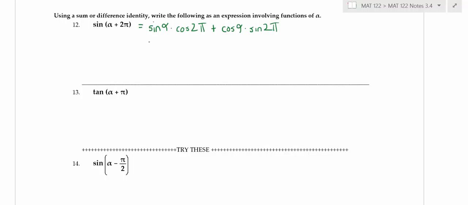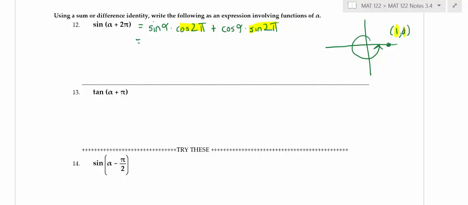Real simple problem. So the idea is if you were dealing with a unit circle, 2 pi is 1 lap around the circle. So you're looking at the point 1, 0. So basically, the cosine of 2 pi is 1. The sine of 2 pi is 0.